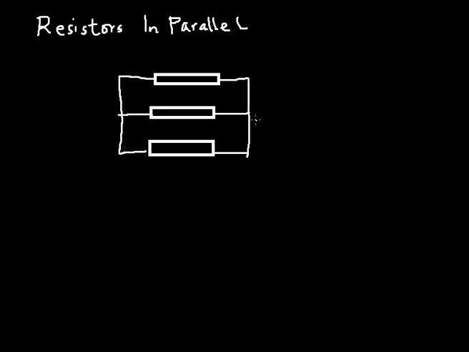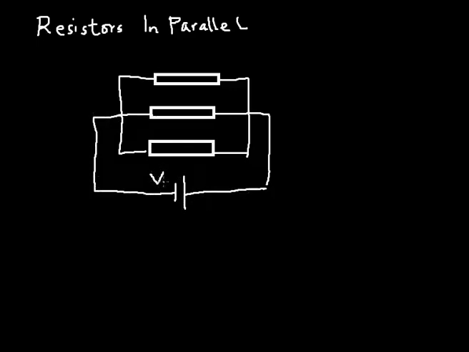So if you look at this, these are 3 resistors connected in parallel across a voltage source. The current flowing through these 3 resistors will definitely branch.